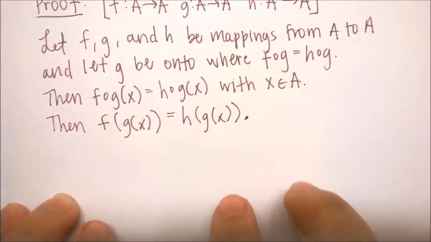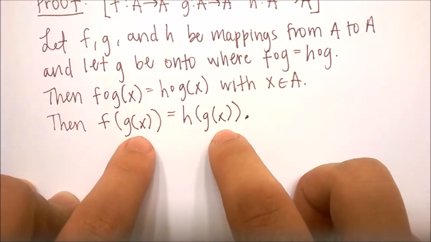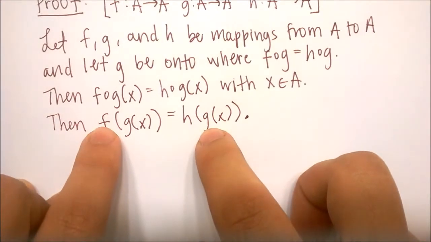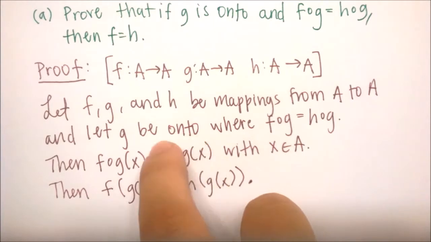So now we're going to look at this and say, all right, we have a function inside another function. So we were given that G is onto.